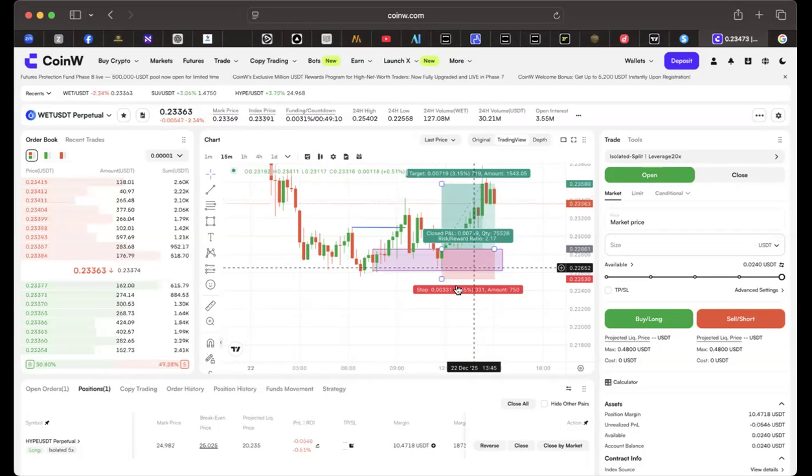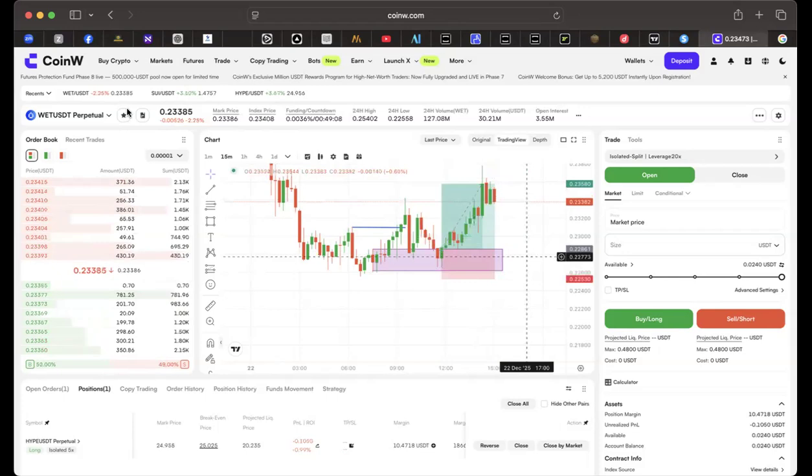So let's say I want to put my stop loss at 24.450, and I want to take my profit at 25.7. Okay, so I go there. Look at it, you have to enable them this way.